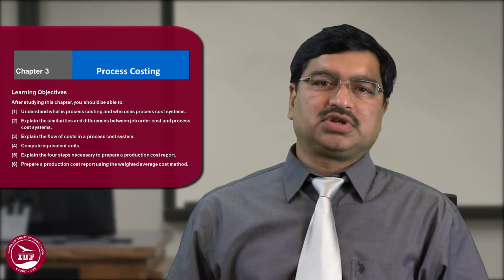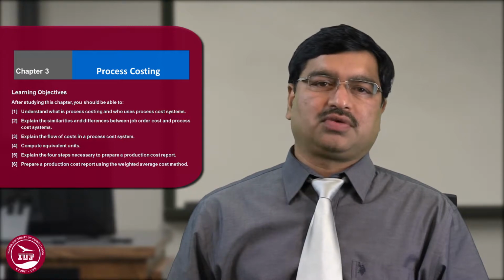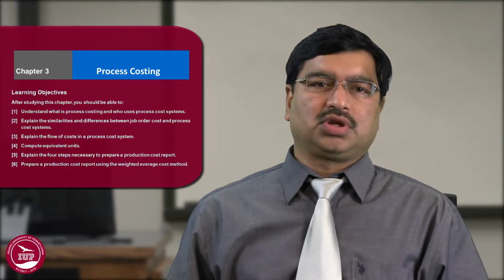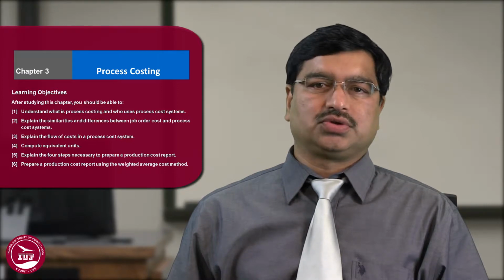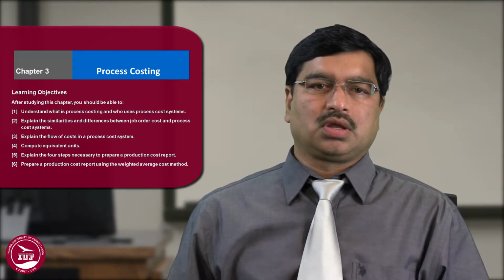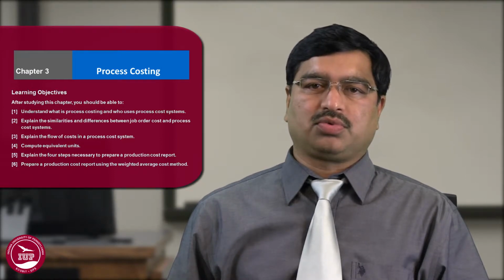One of the things which is different about process costing is the computation of equivalent units. We'll do one or two examples of computing the equivalent units so everyone understands how those units are computed. Once that is done, I'll lay out the four basic steps in preparing the production cost report.